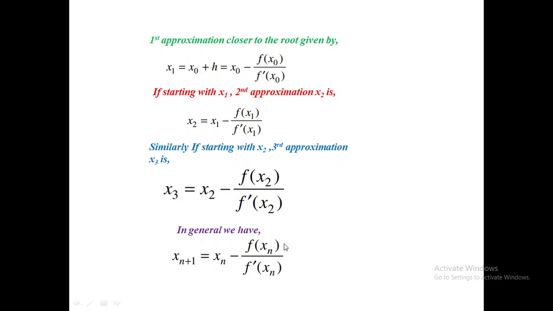You should remember that formula: xn plus 1 is equal to xn minus f of xn divided by f dash of xn. Suppose you have to calculate the value of x1, then put n is equal to 0 and we get the first approximation. Suppose you want to calculate x2, then put n is equal to 1 and you can calculate the second approximation, and so on.